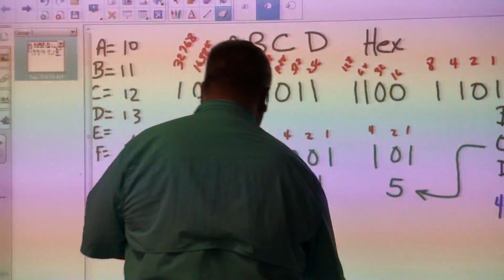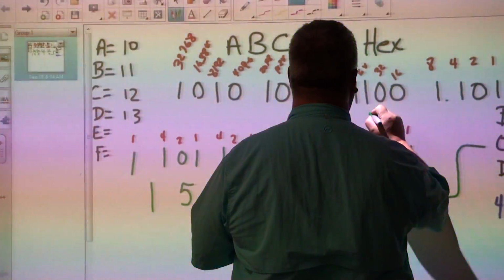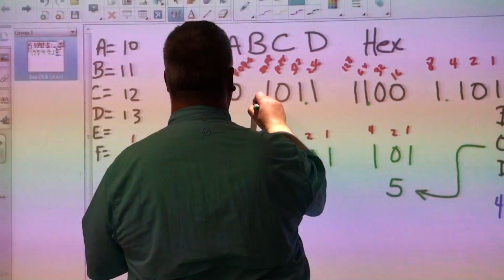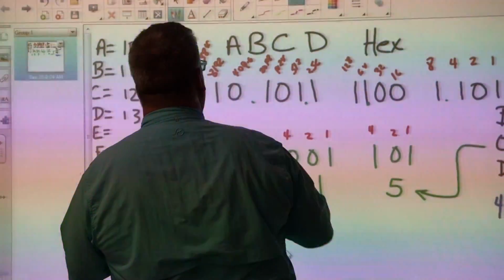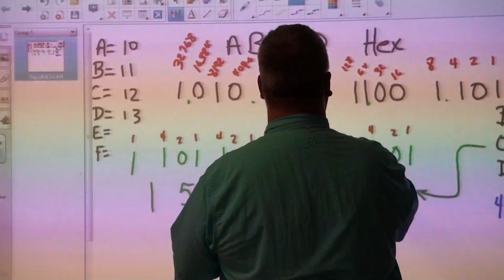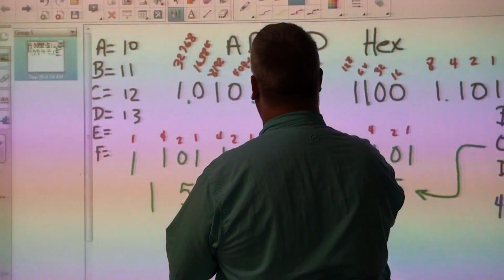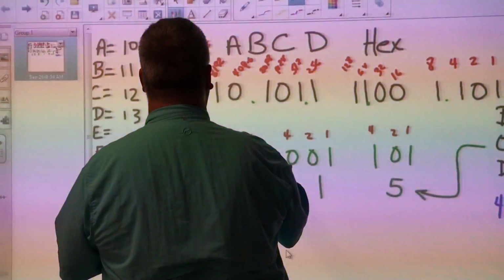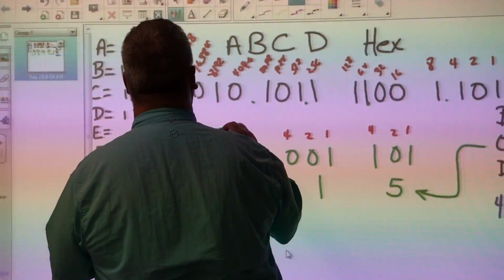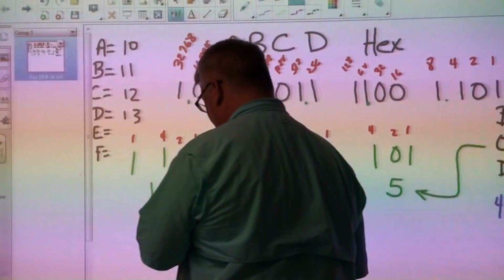All right, so apparently I copied the number wrong. Somebody said 1, 2, 3. So it should have been 101. 010 instead of 101 right there, right?